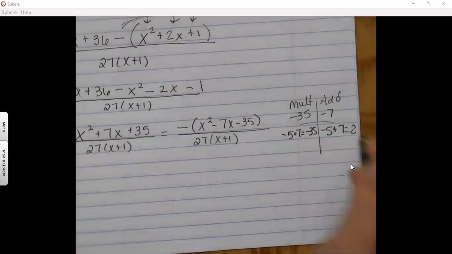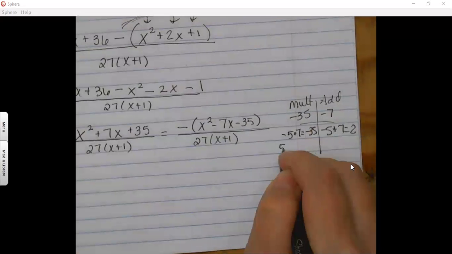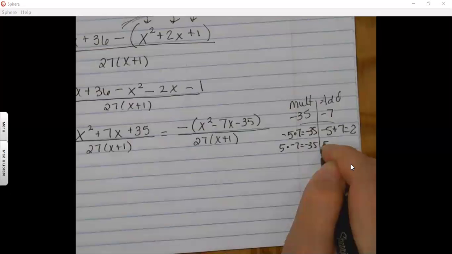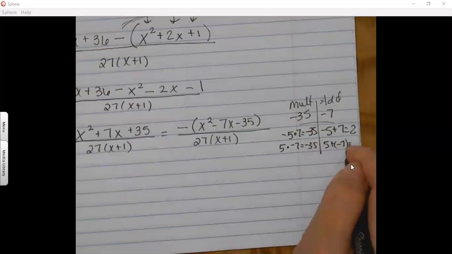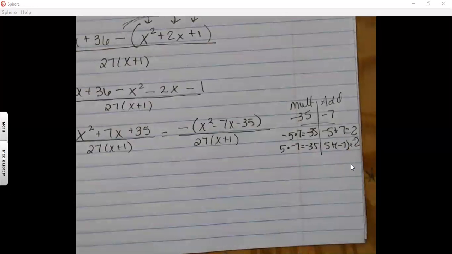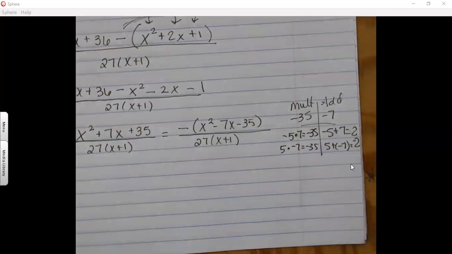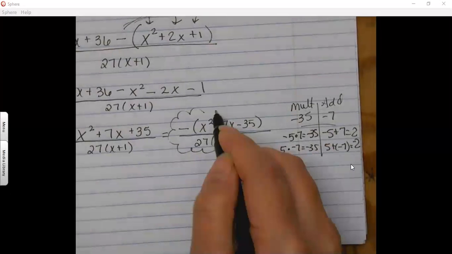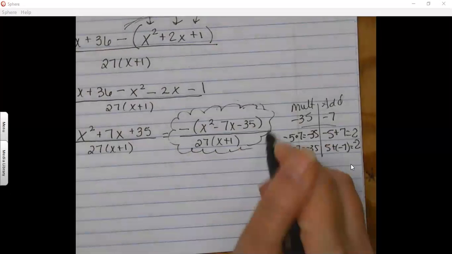And if I change the signs, that doesn't work. My only other combination would be 35 and 1, or negative 35 and 1, or 1 and negative 35, and that's not going to add to give me negative 7. And 35 doesn't have any other factors, right? So it's not factorable. So I can't do anything else with this. So I could leave it like this, or I could multiply it out. Either way, sufficient.